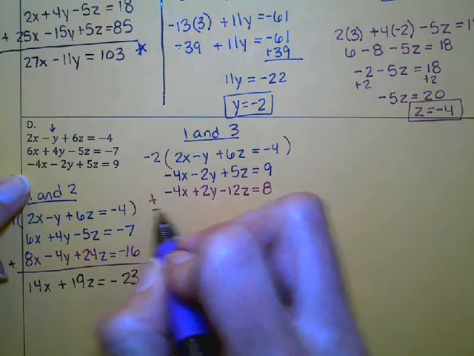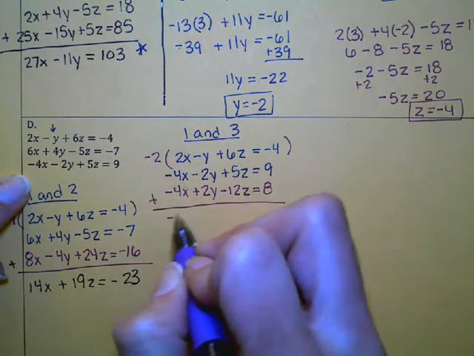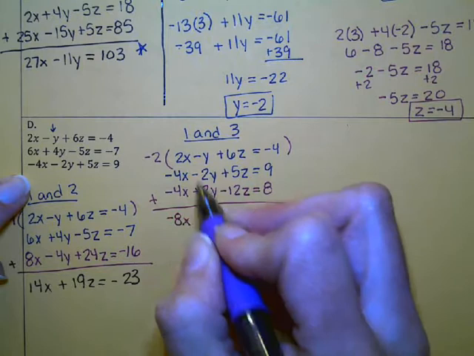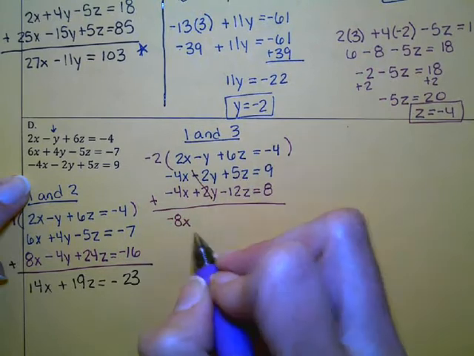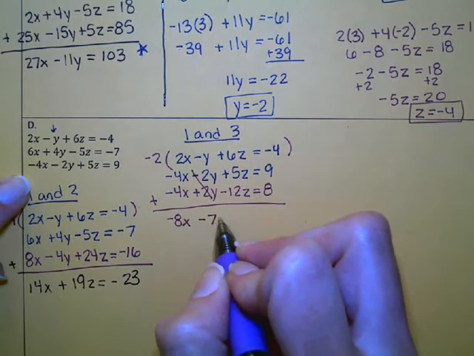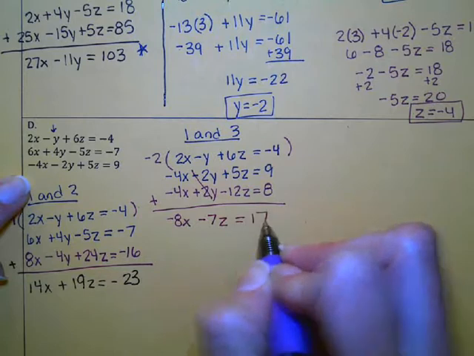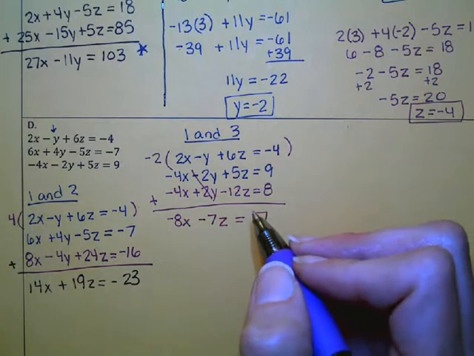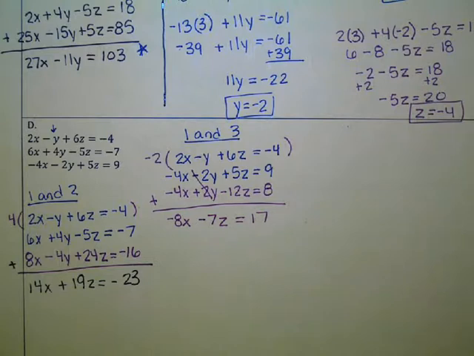Once I've distributed to all of those, you can add those two things together. Negative 8x. You'll see that the y's cancel each other out. And 7z equals 17.